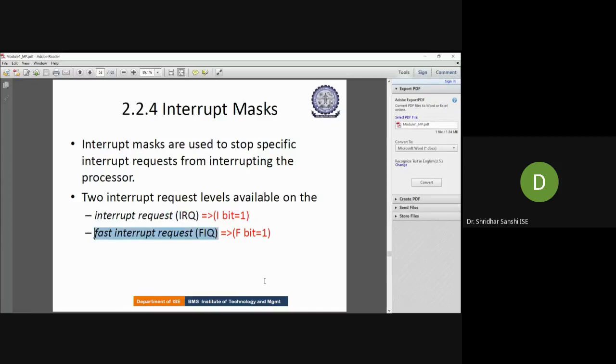If we require a fast interrupt request, then the F bit will be set. Otherwise, if a normal interrupt comes where the priority is less, then the I bit will be set. You can see in this figure that bit numbers 7 and 6 correspond to IRQ and FIQ. Based on the processor request, this bit will be set.